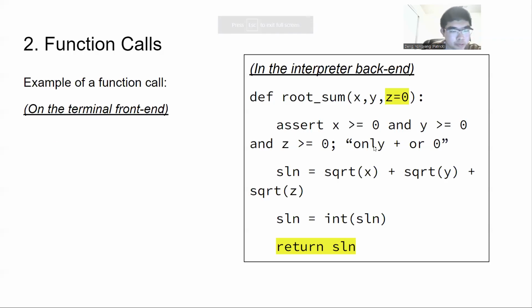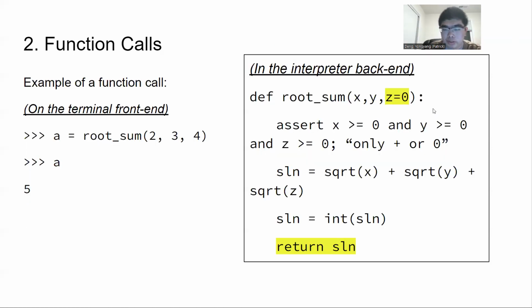Okay, so I have a quick question. What does c equals 0 do here? So c equals 0 means that the default value of c is 0, which means that I don't have to input the data as a c value. I don't have to input the third value.